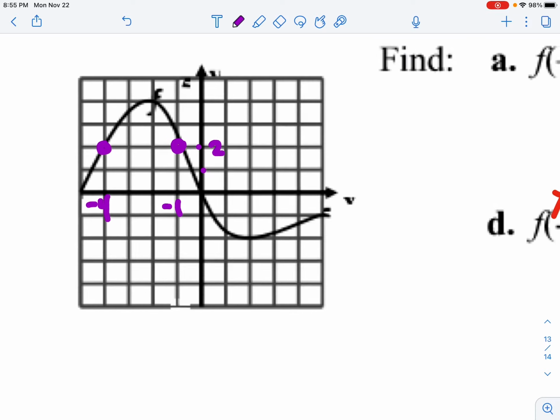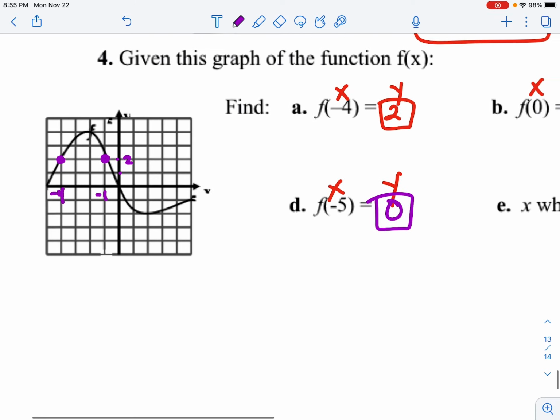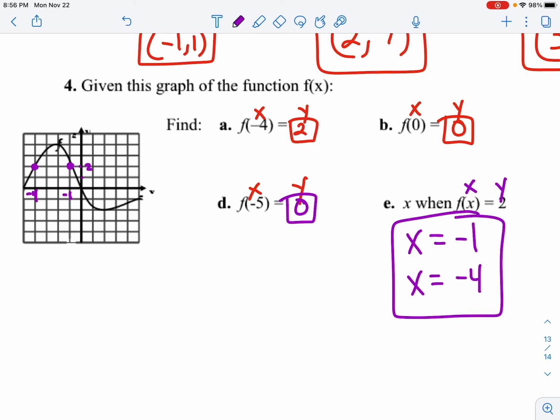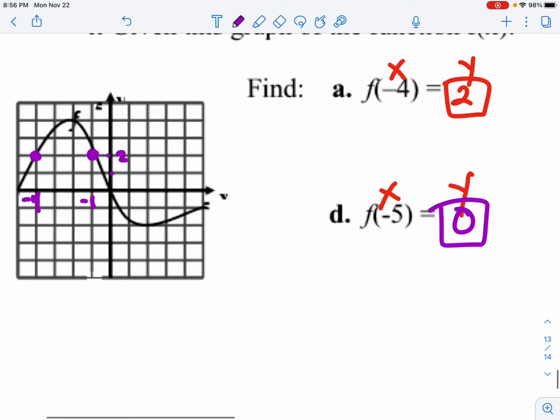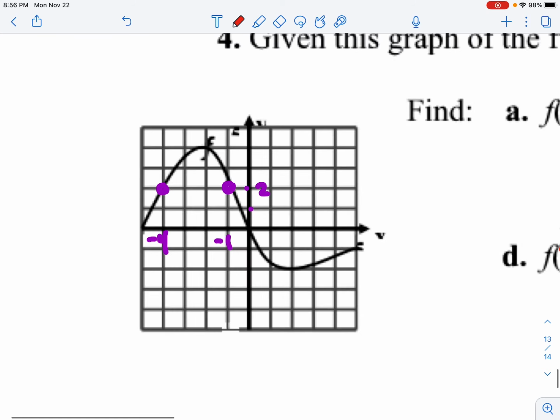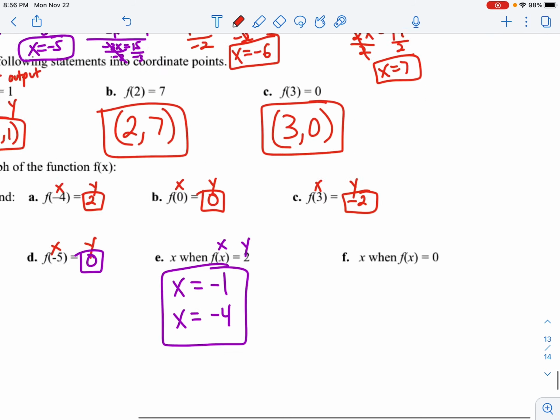There's actually 2 answers to this one. When x equals -1 or when x equals -4, it gives you a y value of 2. Because the graph is curved, right? It goes up and then back down again. So it's going to hit it at 2 spots. See that?